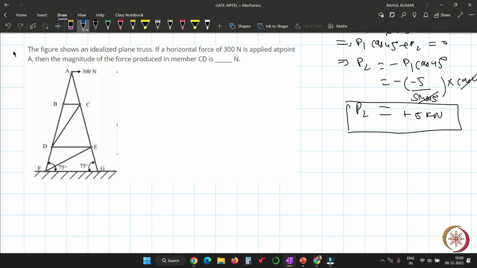Tell me what is the answer. 0. Yeah, it is very straightforward. Let someone try. Okay, let's wait for 1 minute, then we will discuss it. It seems like a very difficult problem if someone does not know the method of section.